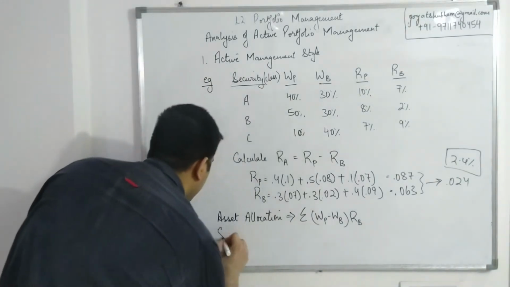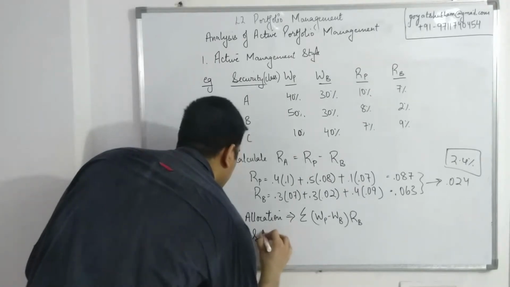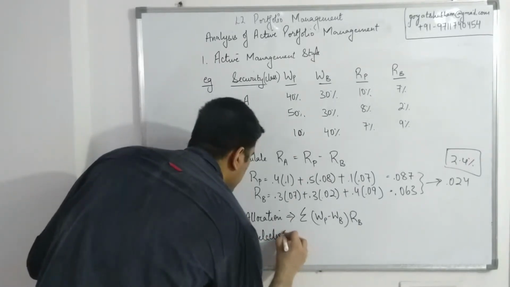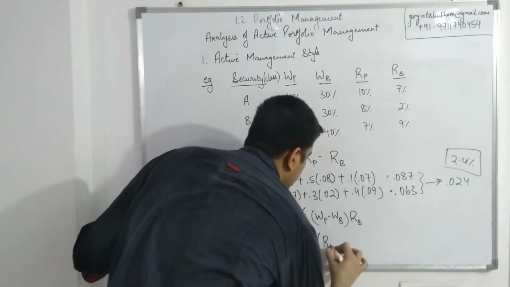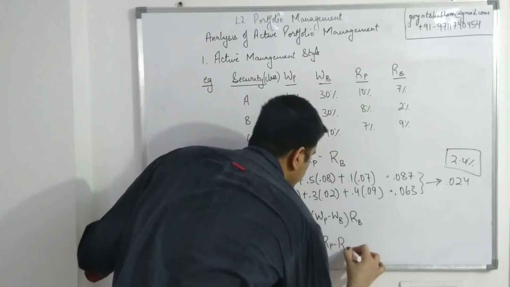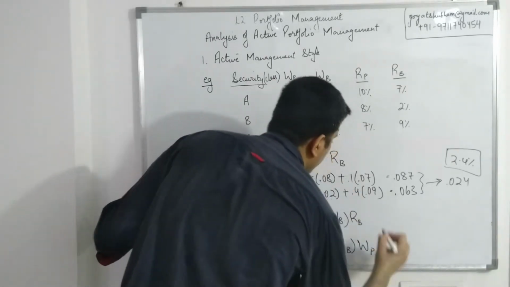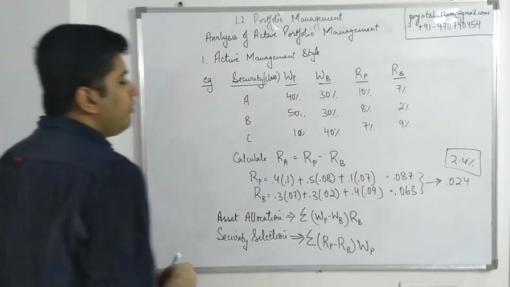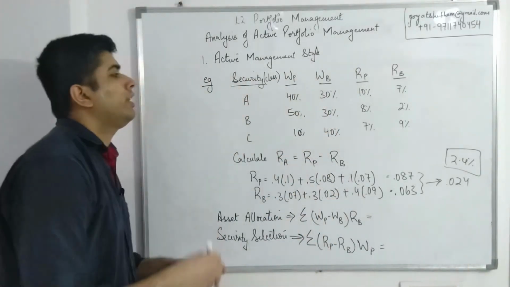And security selection is given as the difference in return of portfolio and benchmark of individual security classes, multiplied with the actual weightage in portfolio. Now, if you solve these individually, give it a try, see if you can get these values.